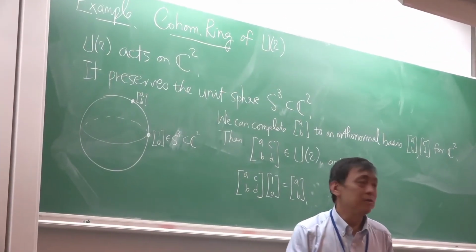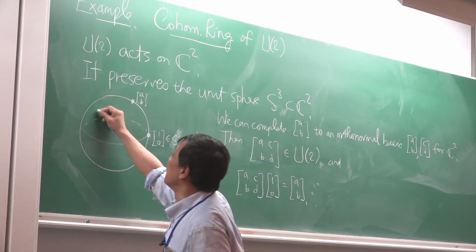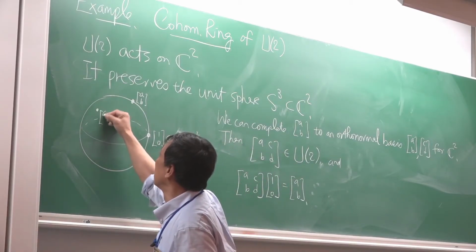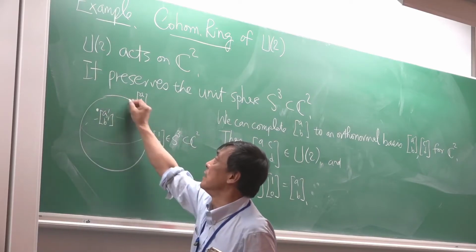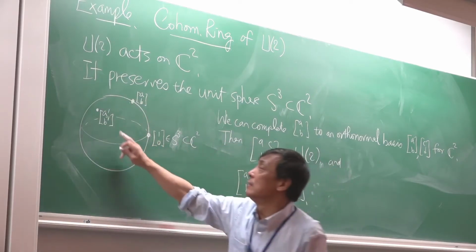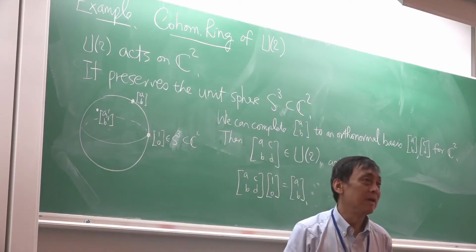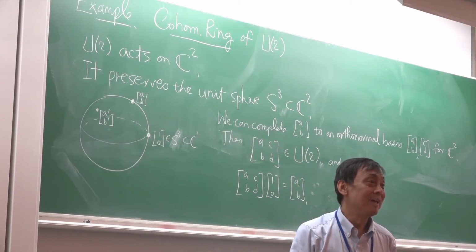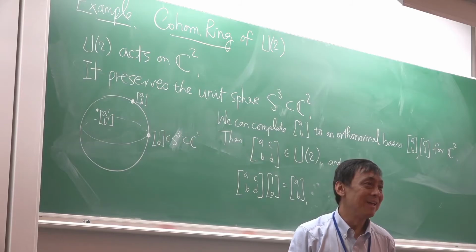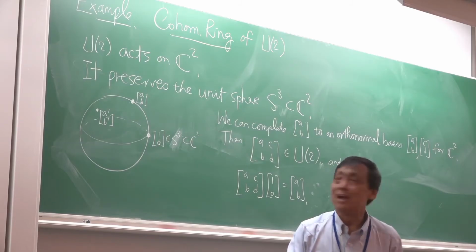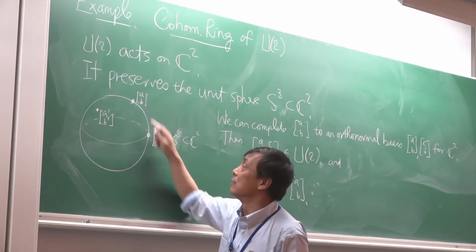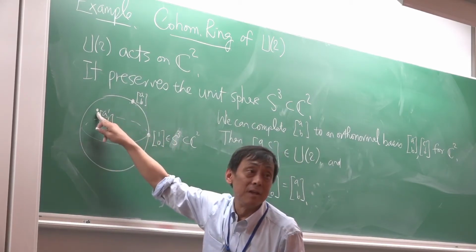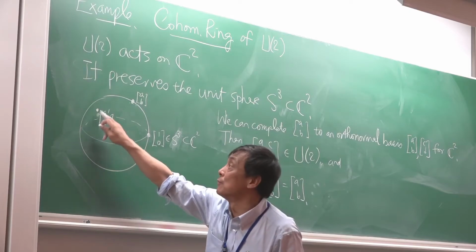Okay? Now, how do you show that if I have 2 points, there's a unitary matrix that takes this to this? Yeah, there's a unitary matrix from here to here, and there's one from here to here. So the inverse will go from here to here.